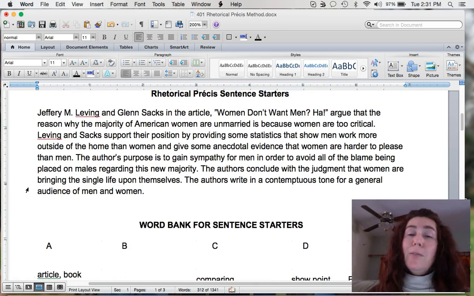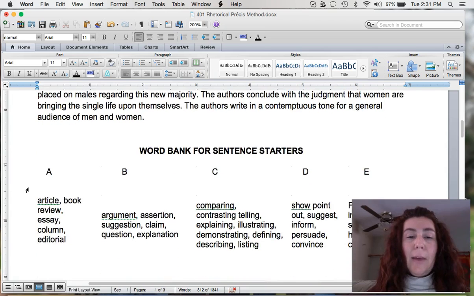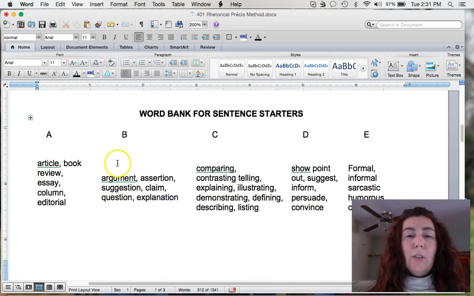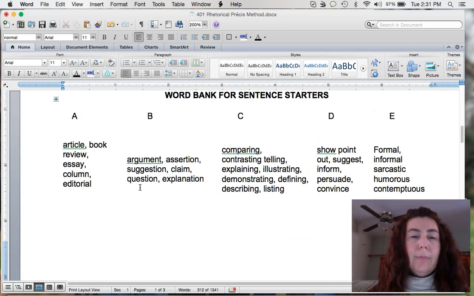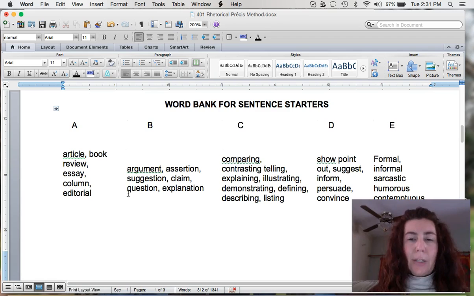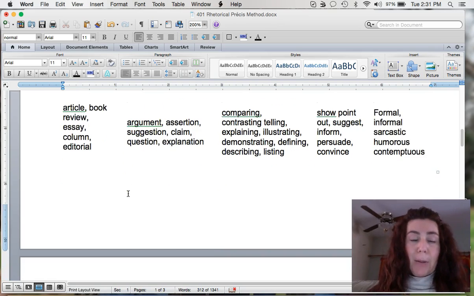Okay, so it's very easy for you to take this format and use it with whatever you happen to be researching on. I've even got a little word bank for you so that you can see how to use each one of these. It's labeled A, B, C, D, or E in the next section so that you can see what the worksheet looks like and how to use it.